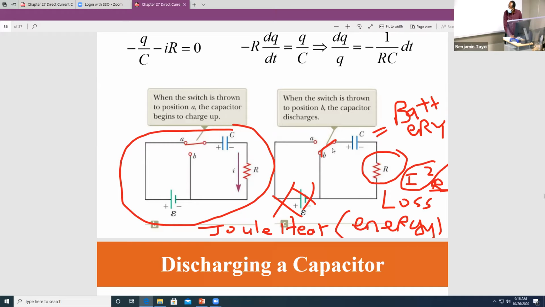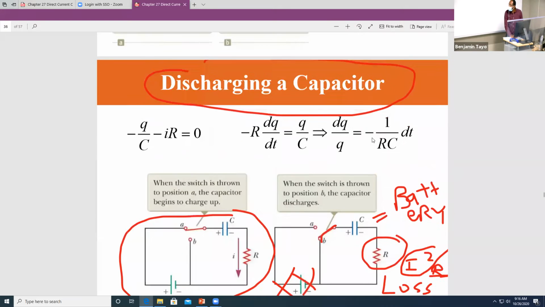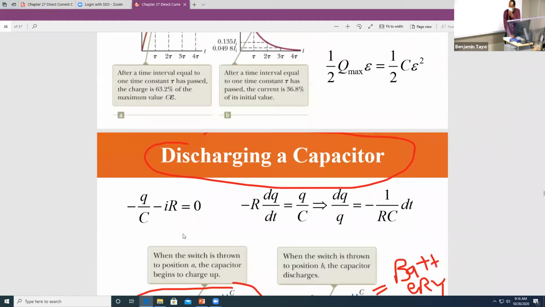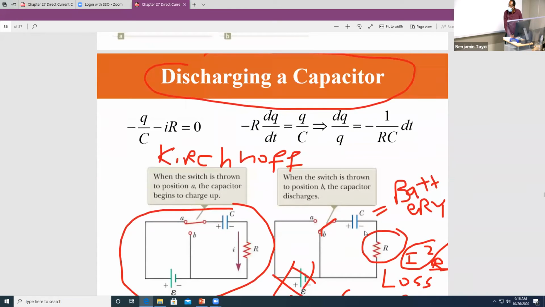Now when this switch is connected here, you can see that, again, if you go back and apply Kirchhoff's rule, in this case, let's say in the counterclockwise direction like that, right?